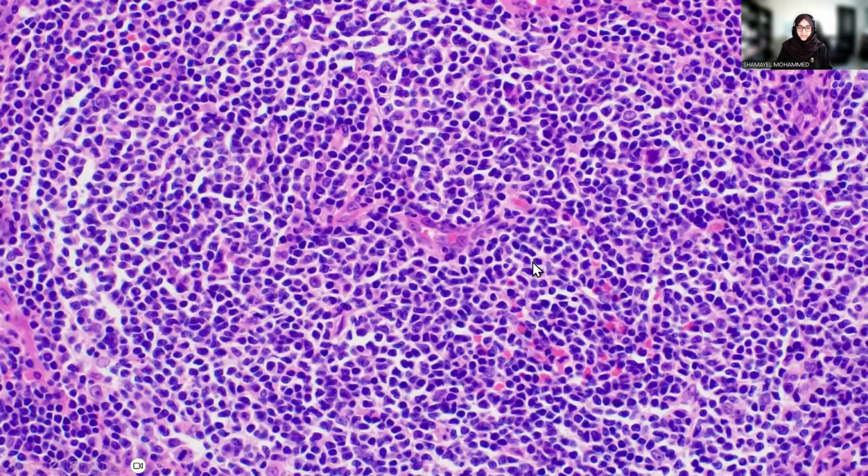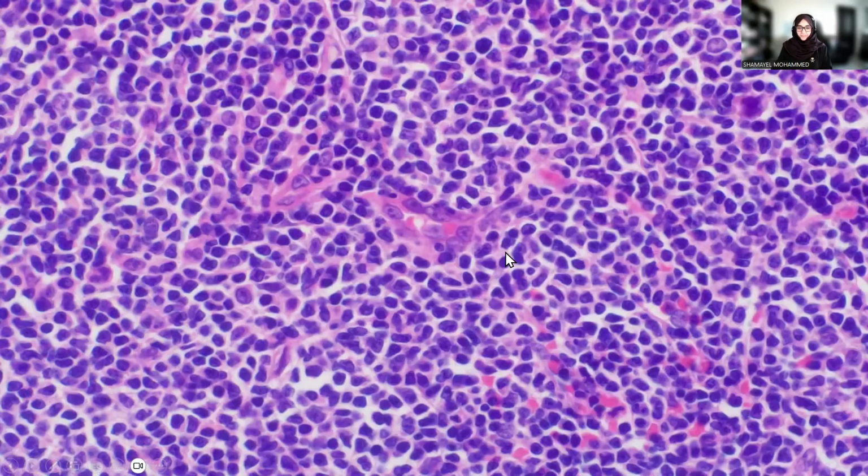These lymphoid cells have this irregular nuclear membrane, almost like cleaved nuclear membrane or centrocyte-like morphology. For example, here, look at these, the centrocyte-like morphology, and then you see the occasional, very rare, large lymphoid cells with the vesicular chromatin and very small prominent nucleoli, which might be a centroblast.